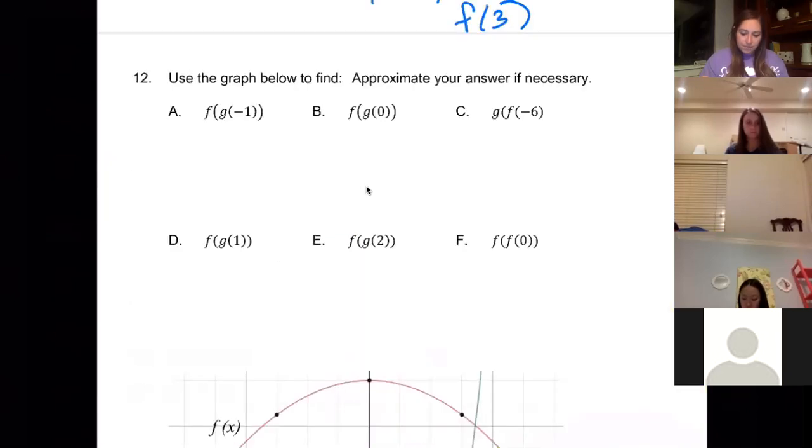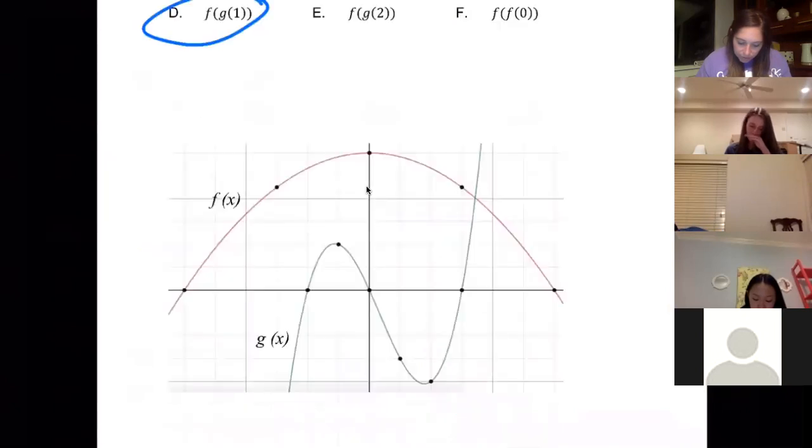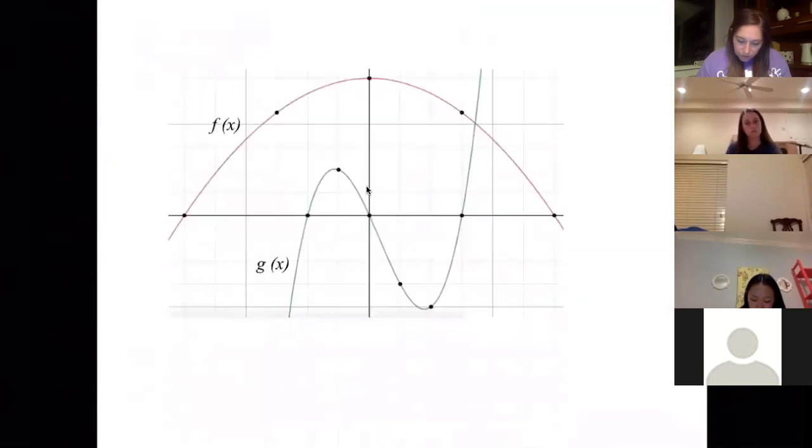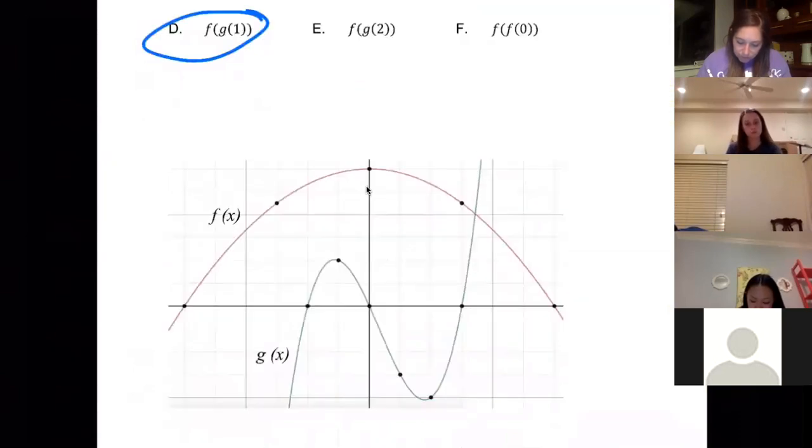Okay, 12B. Or D. Oh, 12D, okay. F of G of 1. So for the graph, I'm going to go to G of 1 first, which is right here at negative 3.